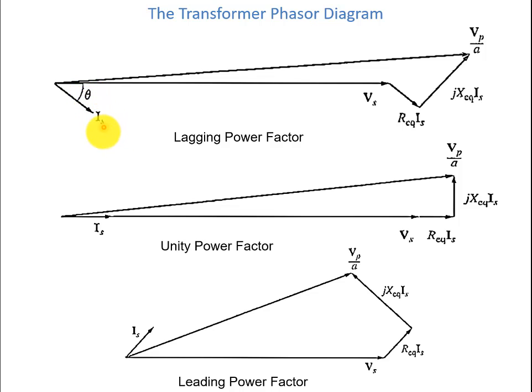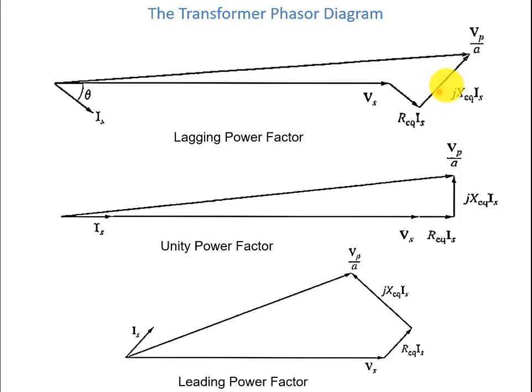Is is multiplied by the equivalent resistance, and that is added to this Vs. Then jX equivalent Is, because of the j, is at plus 90 degrees, so it makes a 90 degree angle from here.